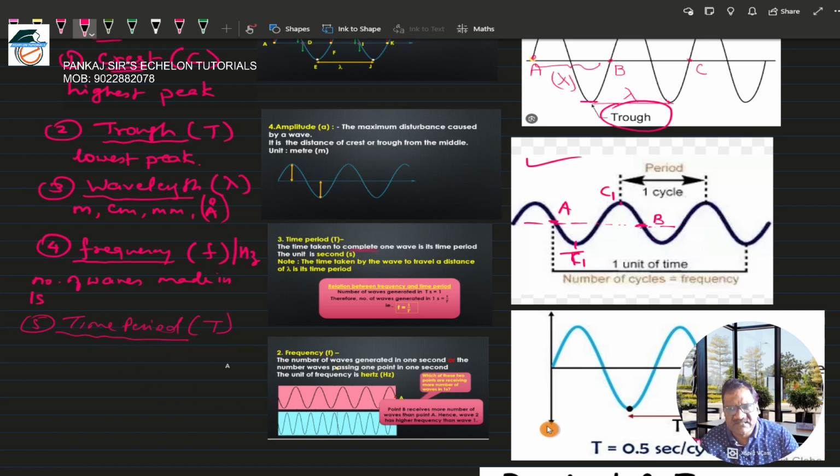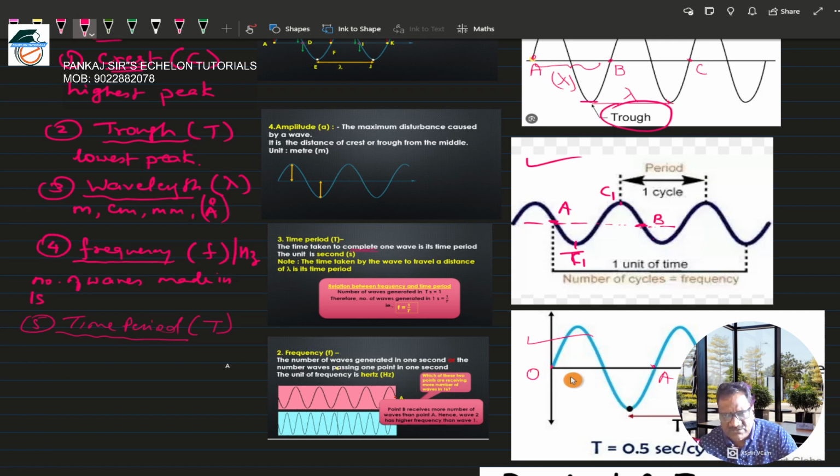Now you can see this diagram. Here I have shown a wave, and on the x-axis I have taken time. So the time period is nothing but the time taken by a single wave, in seconds. Suppose this wave starts from this point O, and when it is completed, it comes to this point A. So OA is the journey of a single wave.